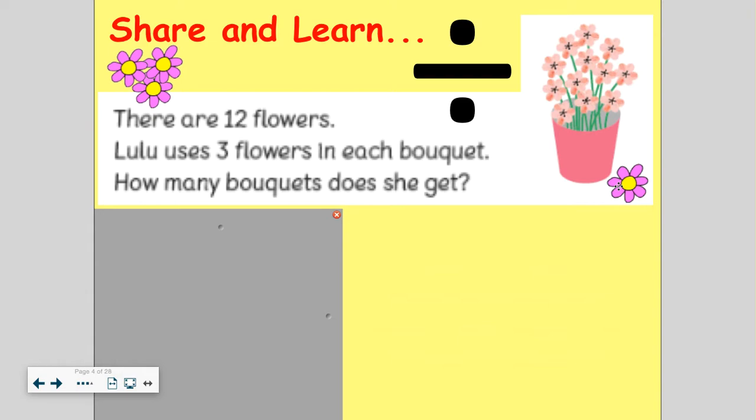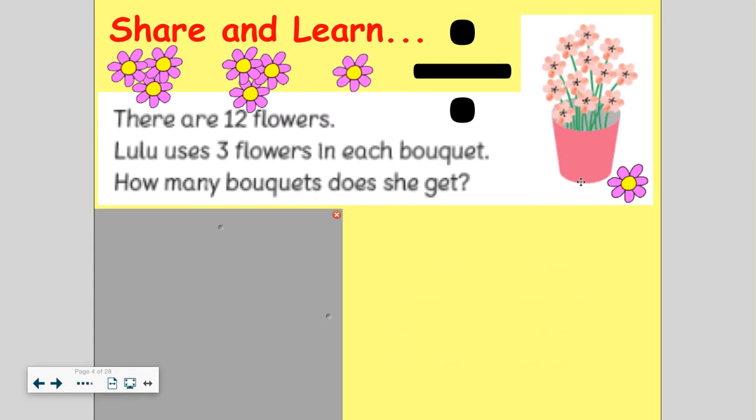Now I've made one bouquet of flowers, but I still have some flowers left over, so I'm not quite finished. I'm going to make another bouquet of flowers. I know I'm allowed 1, 2, 3 in each bouquet. There's still some flowers left. I've only used 6 so far.